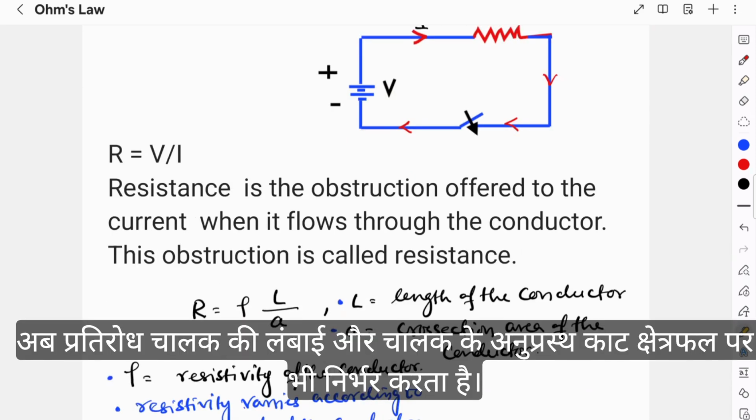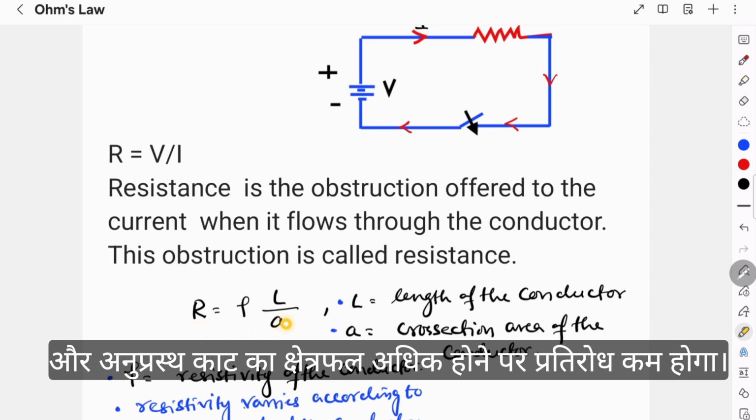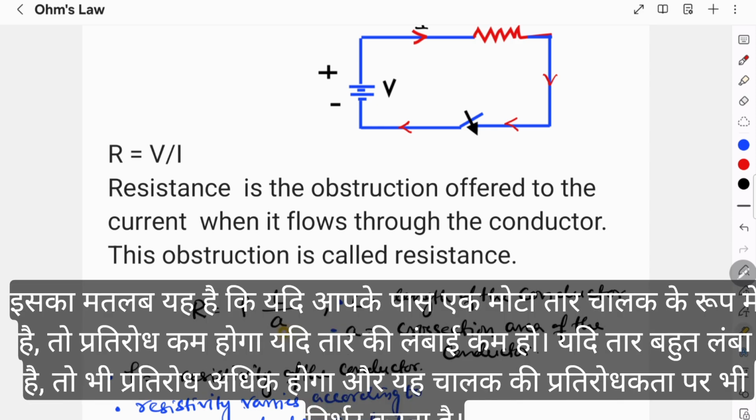Resistance also depends upon the length of the conductor and the cross-section area of the conductor. Resistance will be more if the length of the conductor is more, and resistance will be less if the area of the cross-section is more. That means if you have a thick wire as a conductor, resistance will be less.